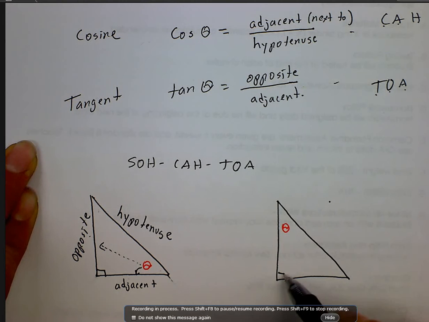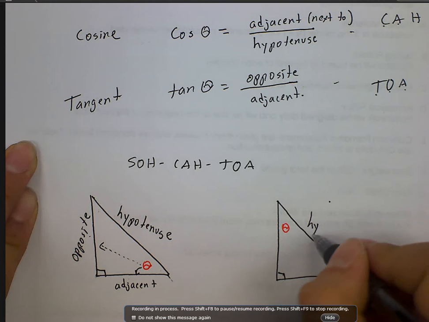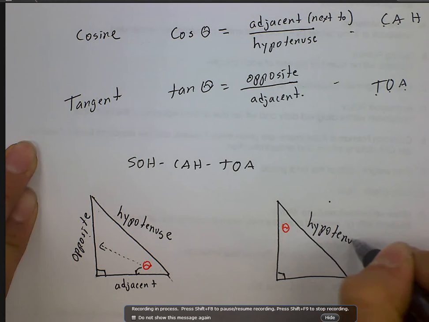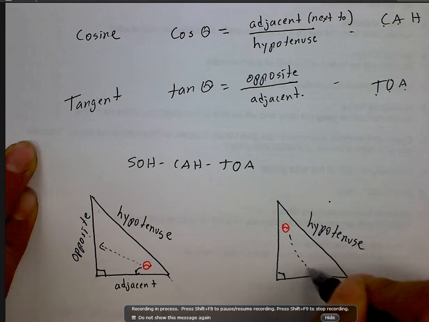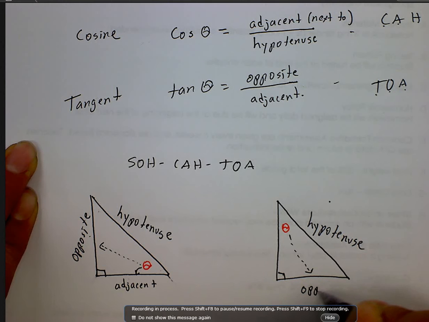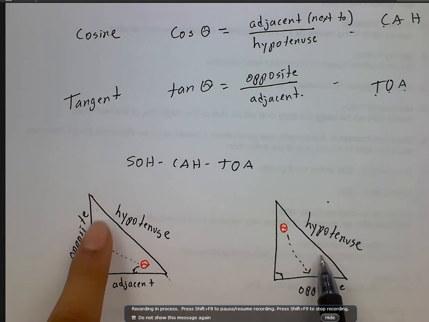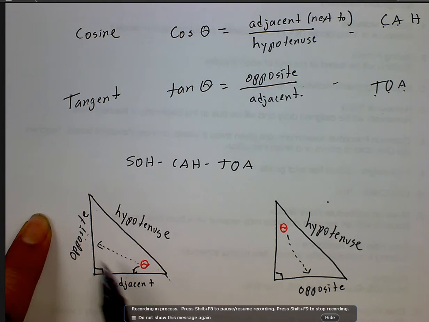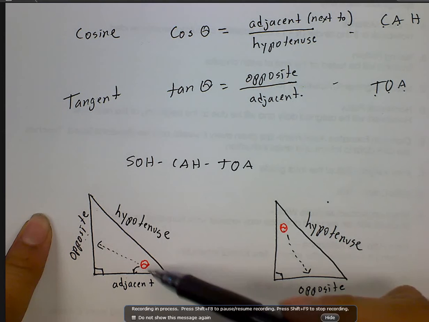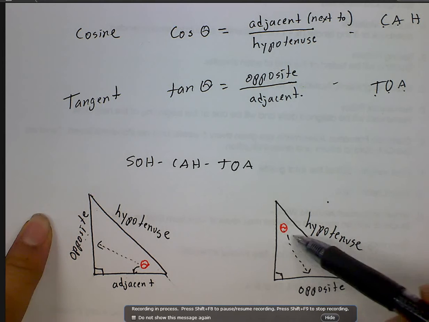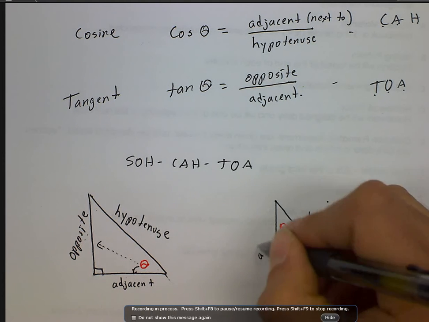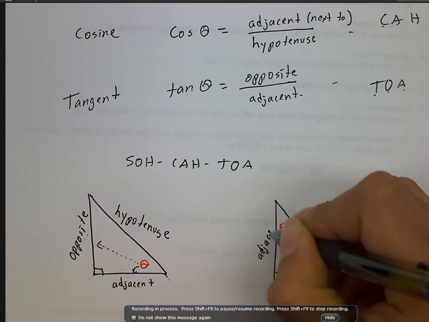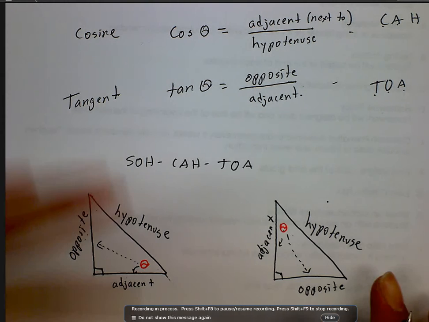Now across the right angle, we have the hypotenuse, and across this angle, that is our opposite. This is what I mean by changing. If your angle changes position, these two sides have to be relabeled based on where the angle is. If this one is the opposite, then this one has to be the adjacent.